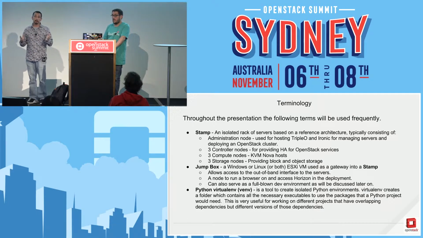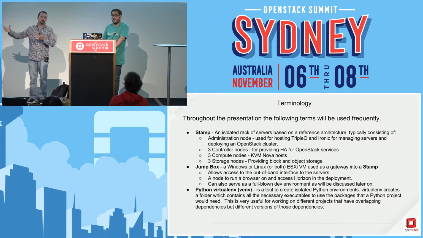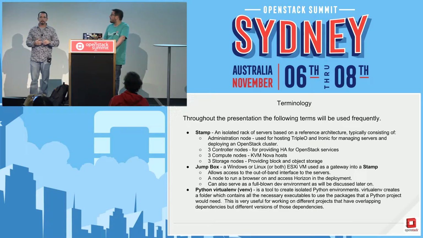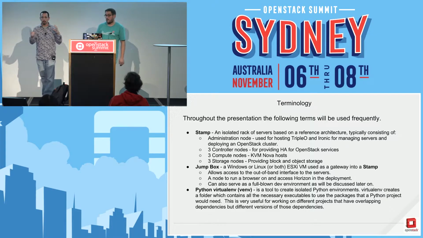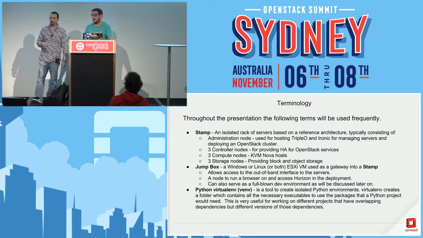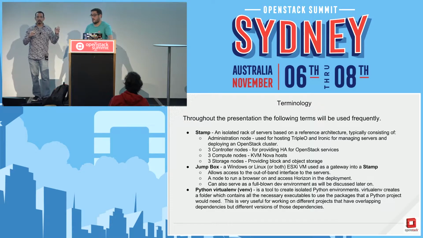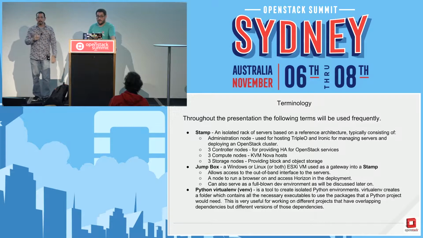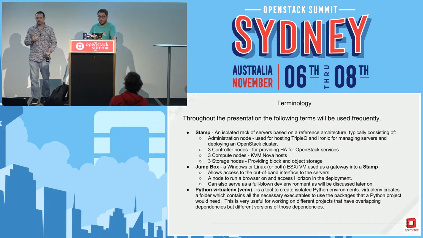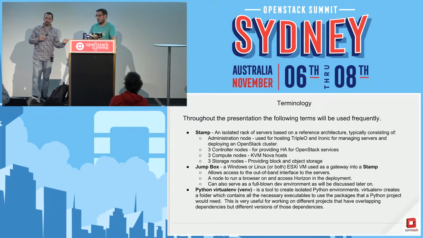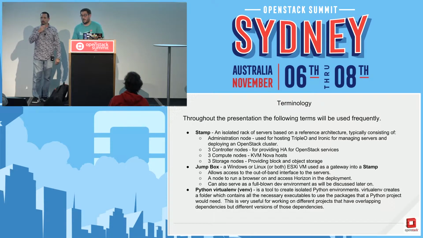So you may have N environments that I use as a hub and spoke kind of scenario. So I have one laptop where I keep my code and work against individual stamp. Jumpbox is just a Windows or Linux way to get into those isolated environments. And Python virtualenv is more on Daniel's side of things on how he works.